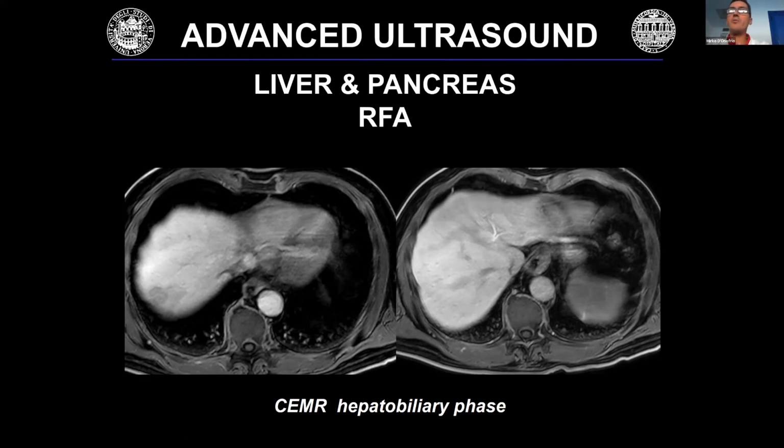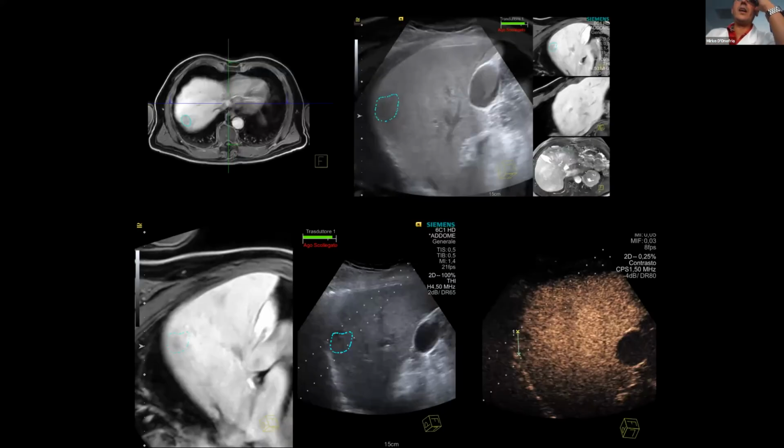If you put MRI together with ultrasound, you can have a biopsy. You can prove the presence of a metastasis by adding contrast, and then you can have the biopsy and the treatment of this metastatic lesion.